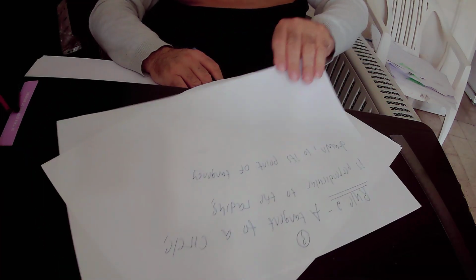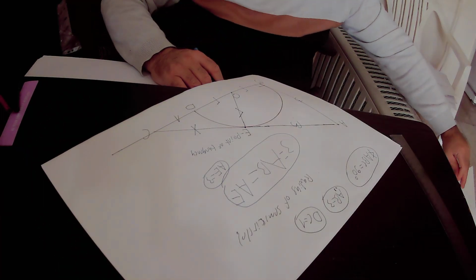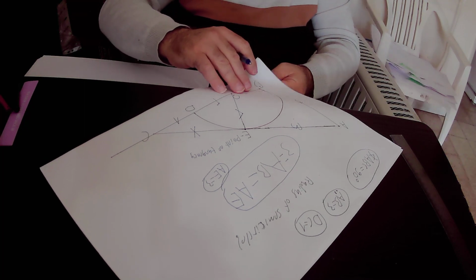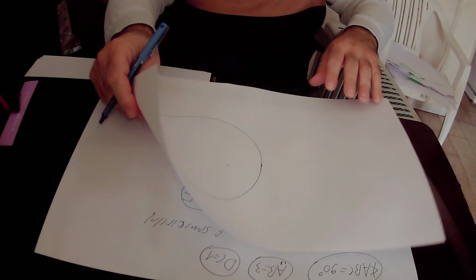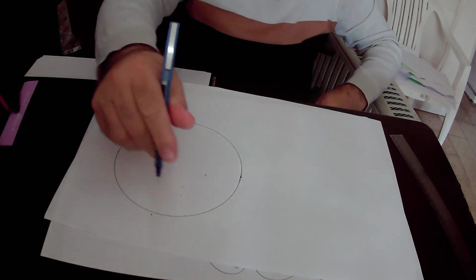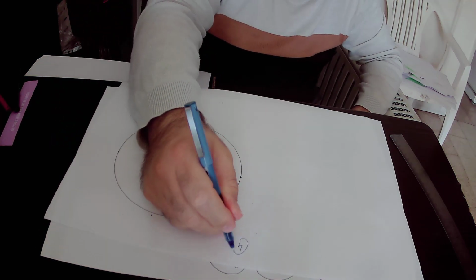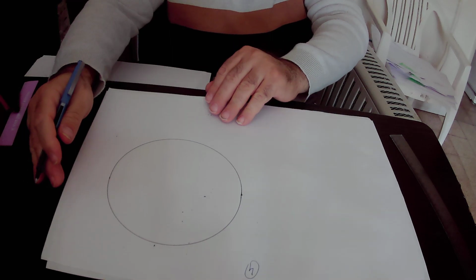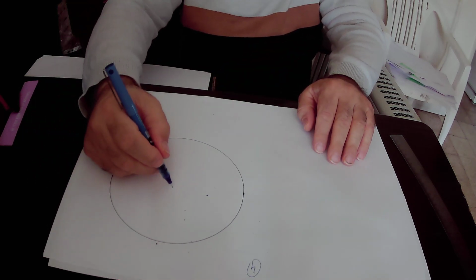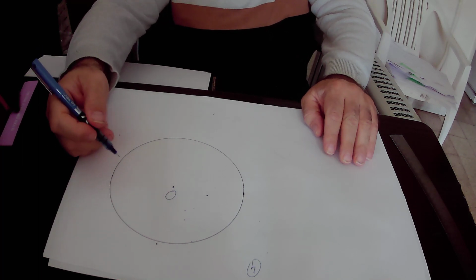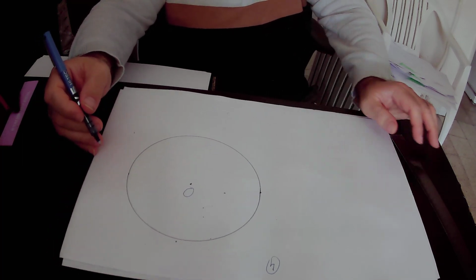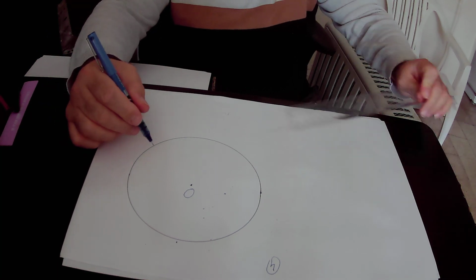The meaning is that if you have this circle, and the center of this circle is at this point, we will define the center of the circle as point O, and we also have a tangent to this black circle.